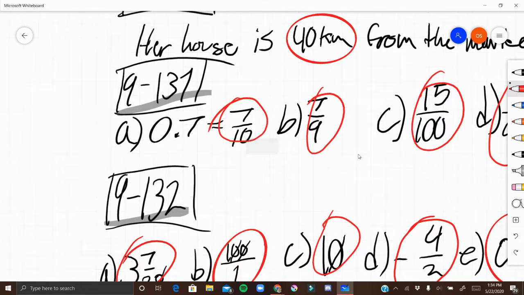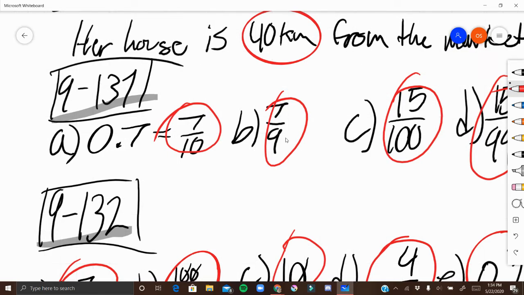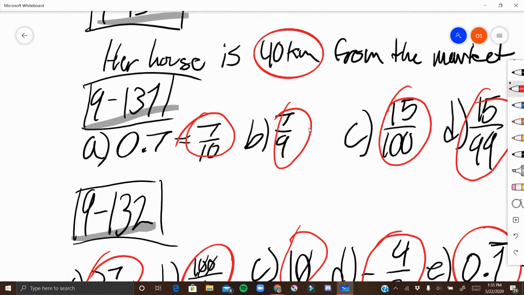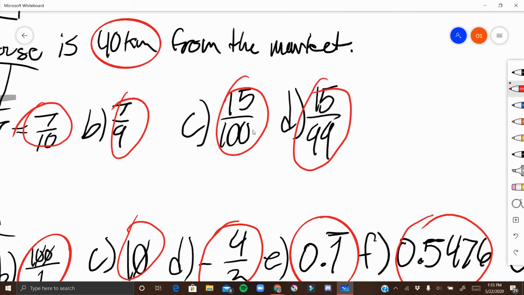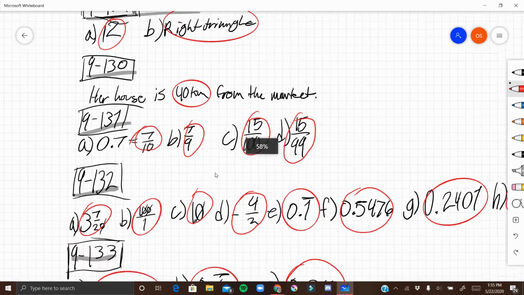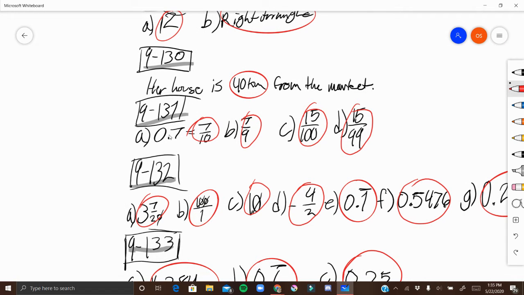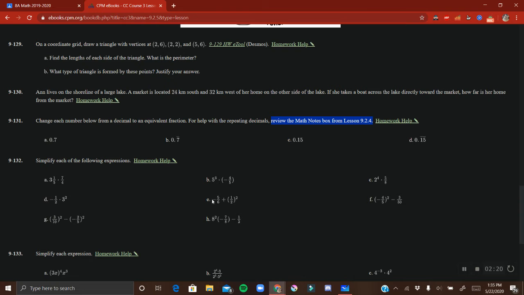Remember, every time there's a repeating decimal, the denominator is always 9 or 99 or 999, whatever number it ends with. Here's 7 over 9, 15 over 99, and you guys can write this in different ways. Just change it up, whatever you want.